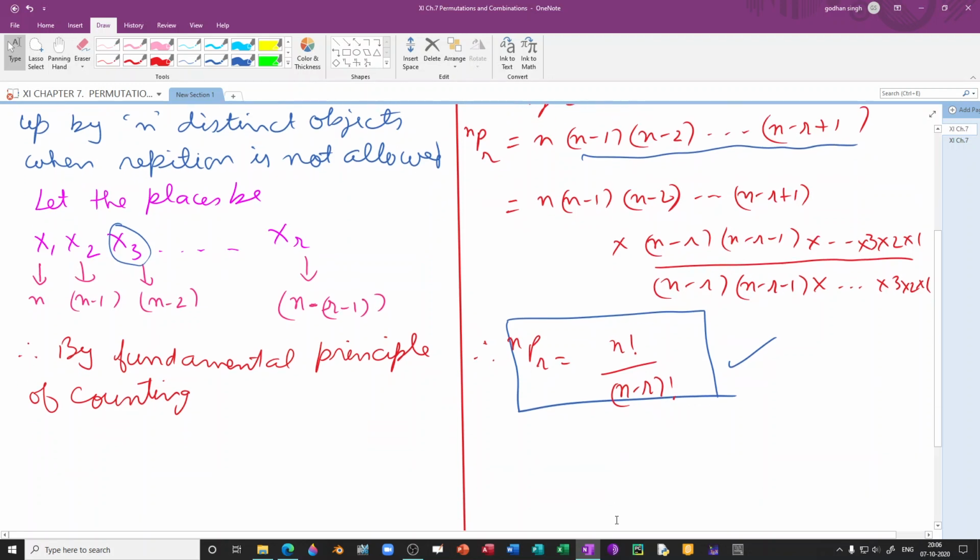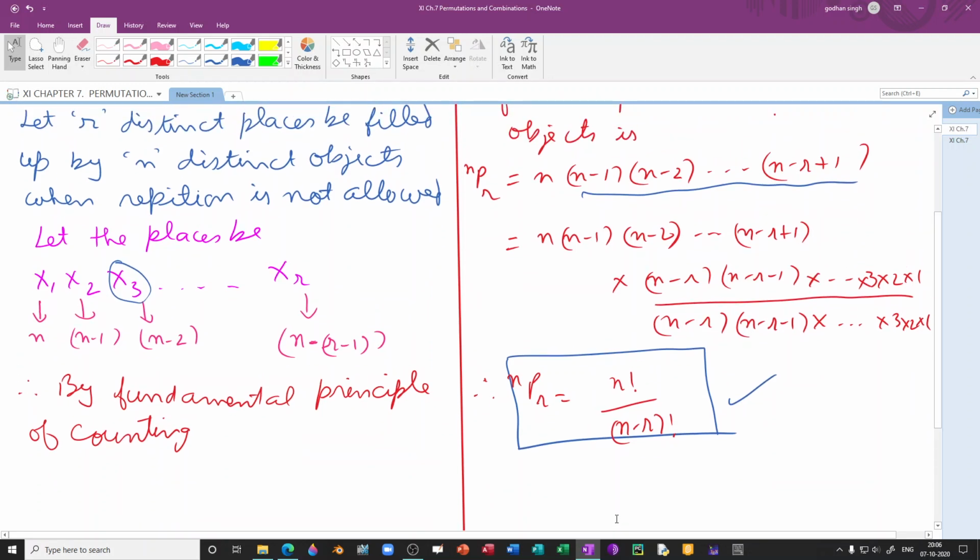So suppose in place of r, we have n distinct objects, let us say nPn. nPn stands for the arrangement of n distinct objects at n distinct places. So in this case, if we apply this formula, it will be equal to n factorial over n minus n, so we will be getting n factorial over 0 factorial.